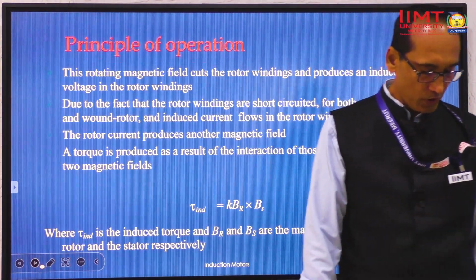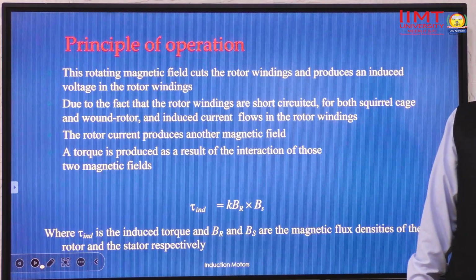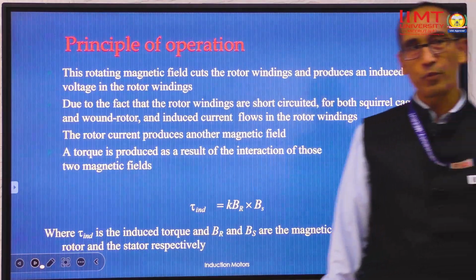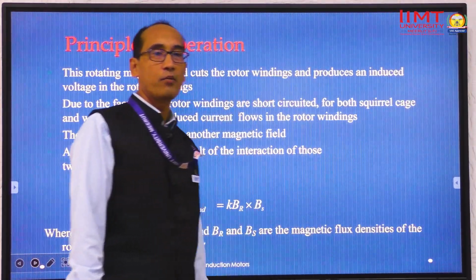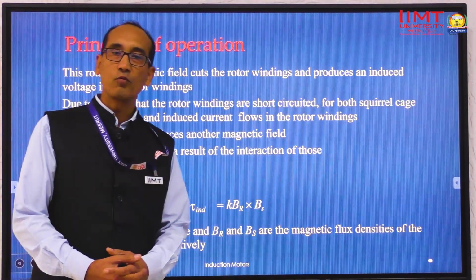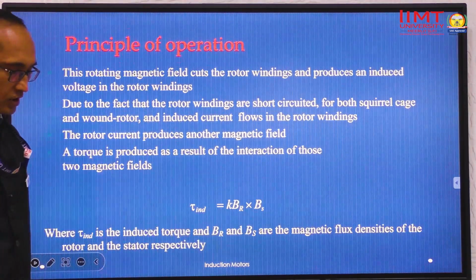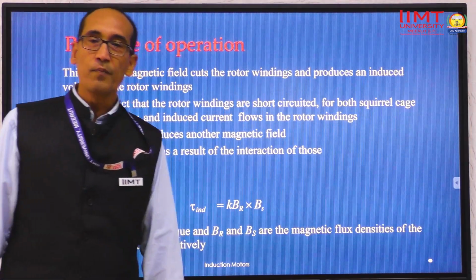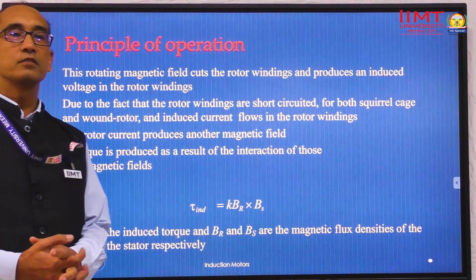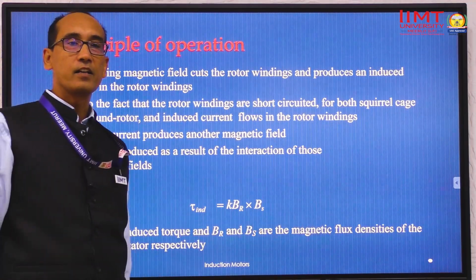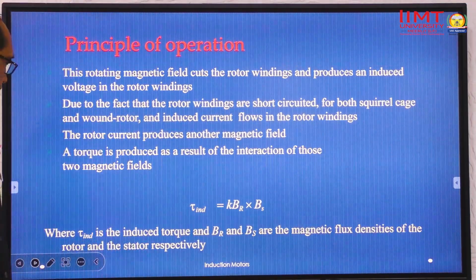These are based upon the construction of the rotor. The stator remains the same, but based upon the shape of the rotor we have the two types. The slip ring type has an advantageous feature: we can add rotor resistance to it by using the slip ring system.